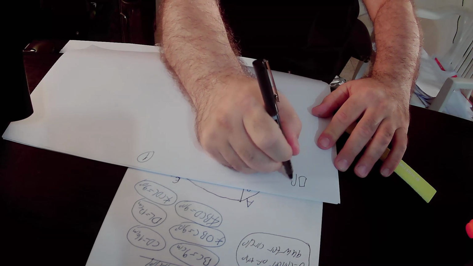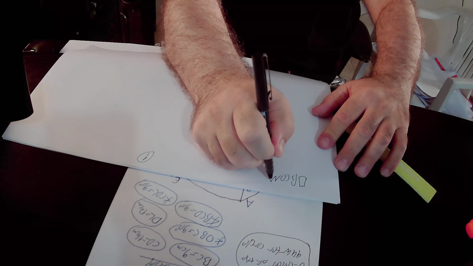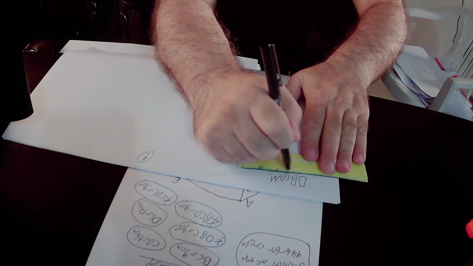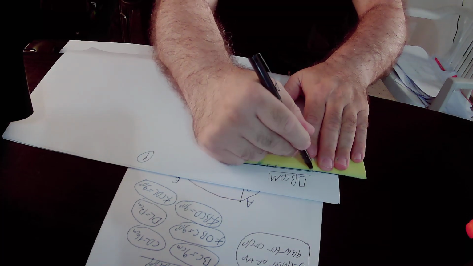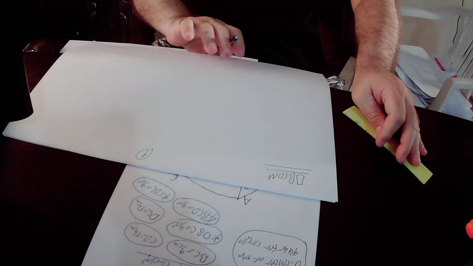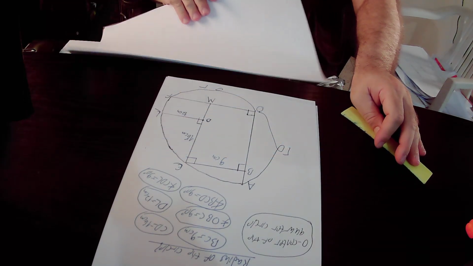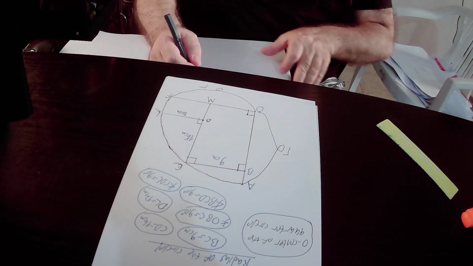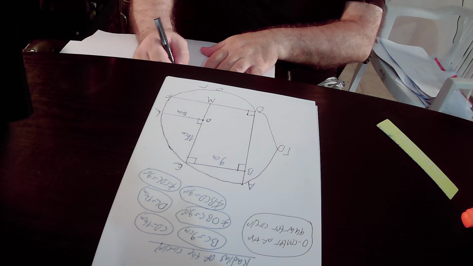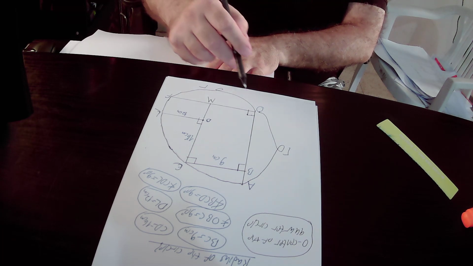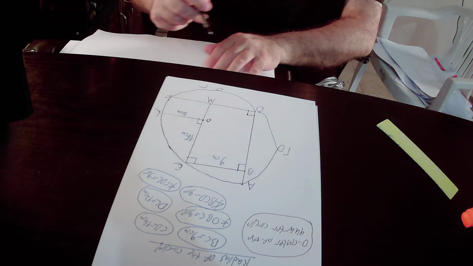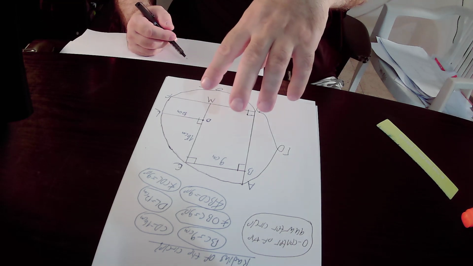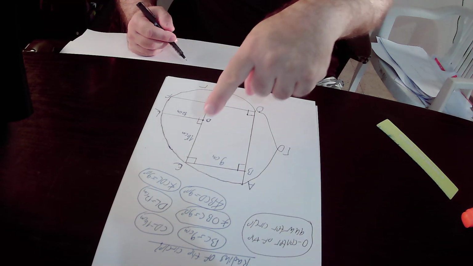And in quadrilateral BCOM, we have one, two, three right angles. Repeat again, in quadrilateral BCOM we have three right angles.